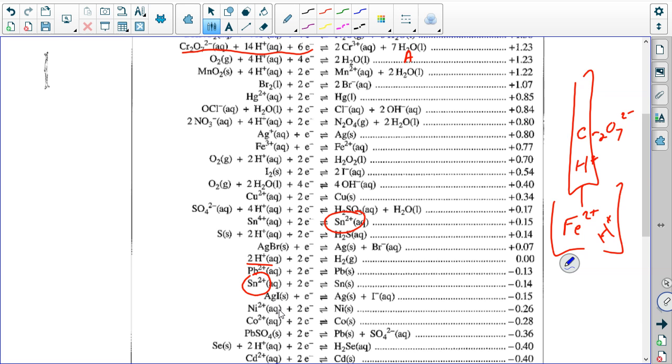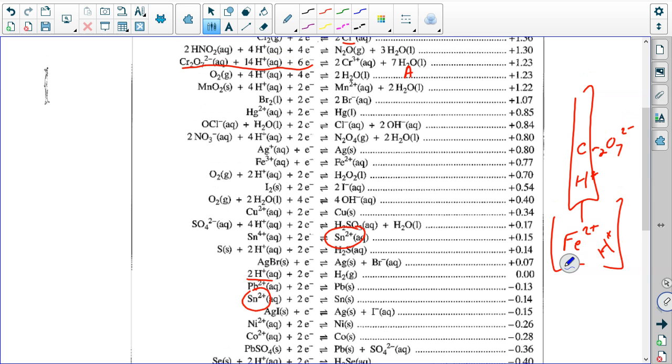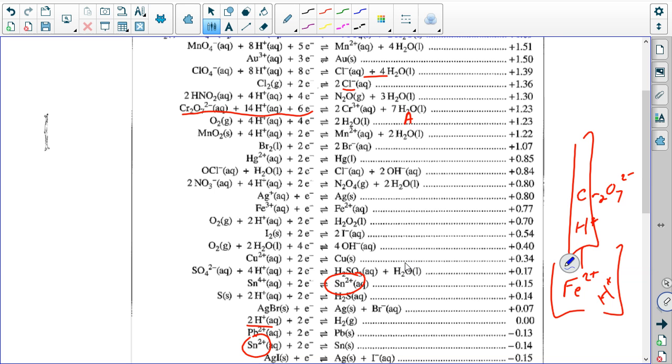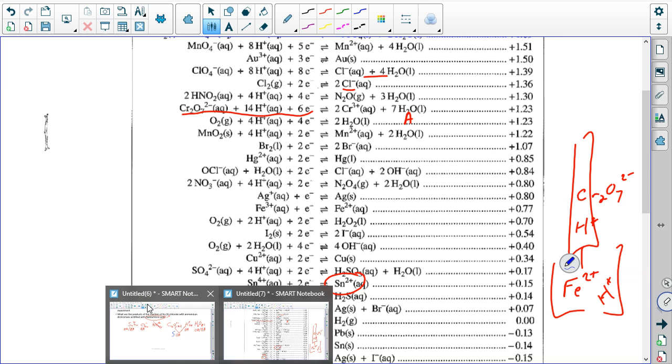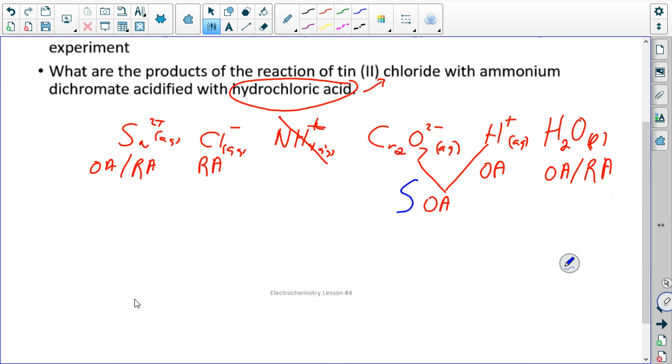Tin 2, water, where the heck did the chloride go? Above the water. So we have our tin 2, our water, and our chloride. Which one's the strongest? The tin 2 is the strongest reducing agent.